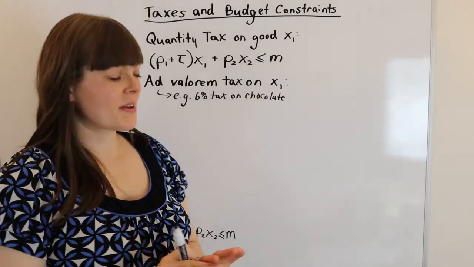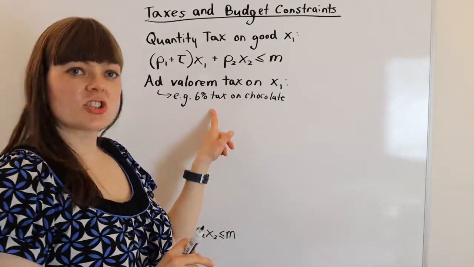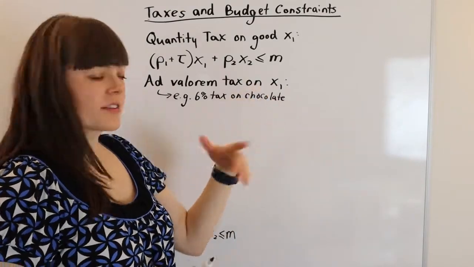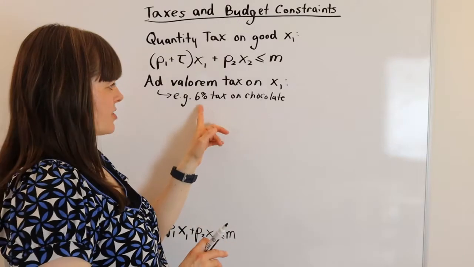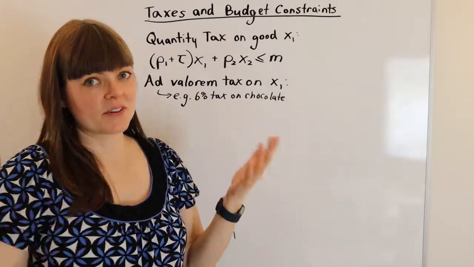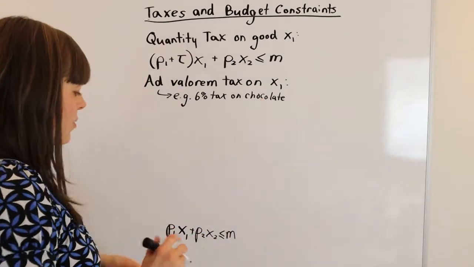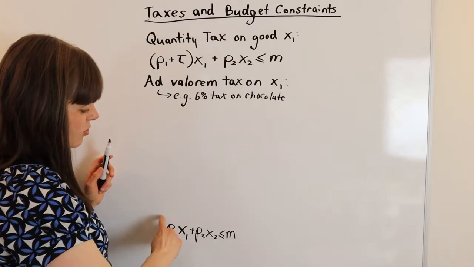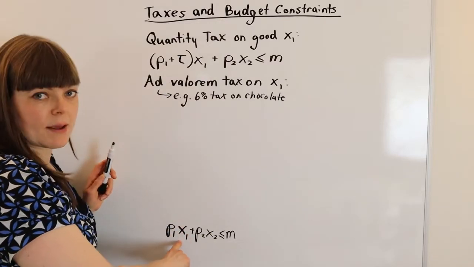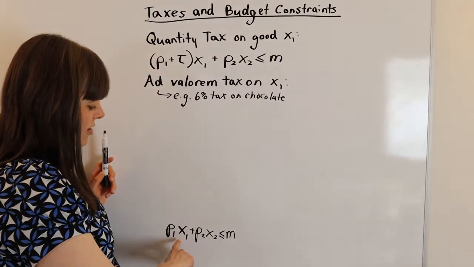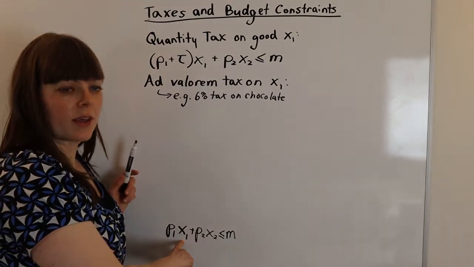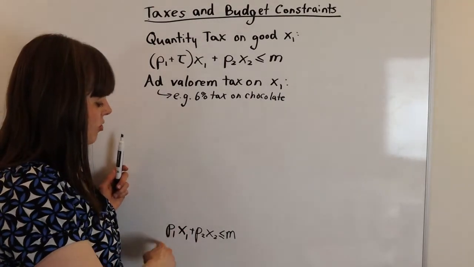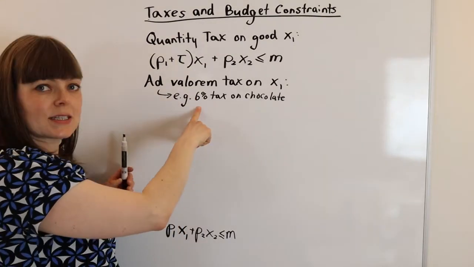So an ad valorem tax is just going to be a percentage tax on good X1. In this case, we'll have a 6% tax on the amount of spending on chocolate. So we know that in our budget constraint, total spending on chocolate is P1 times X1, the price per chocolate bar times the quantity of chocolate bars that we buy. So this is total spending, and that's going to be 6% higher.